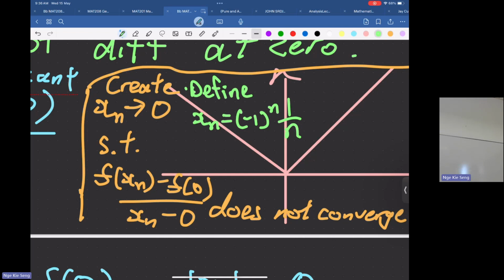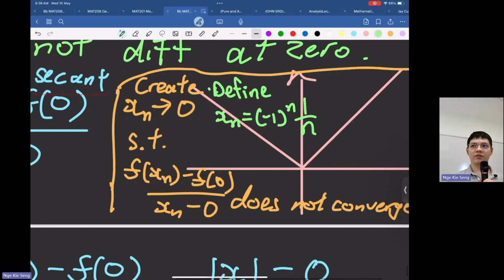So if you use the contrapositive, you find that the original sequence doesn't converge. So from this sequence, you can extract two convergent subsequences that converge to different limits. Does it make sense? Any question?